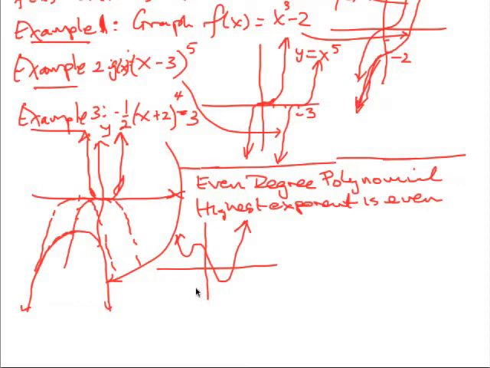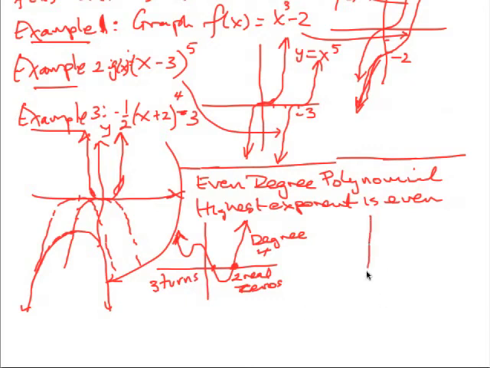Now you notice here that this is degree 4, and we have 1, 2 real roots or zeros. Okay. Now also I want you to notice that I have 1, 2, 3 turns.